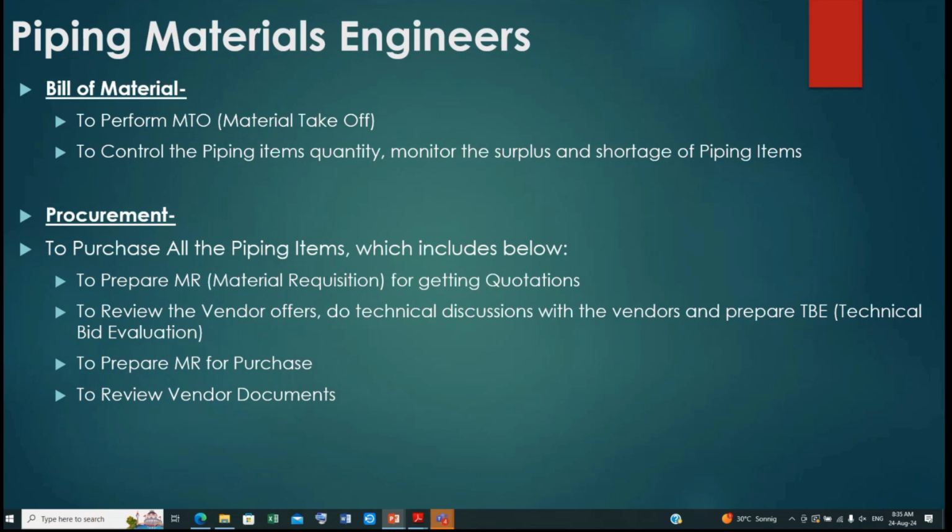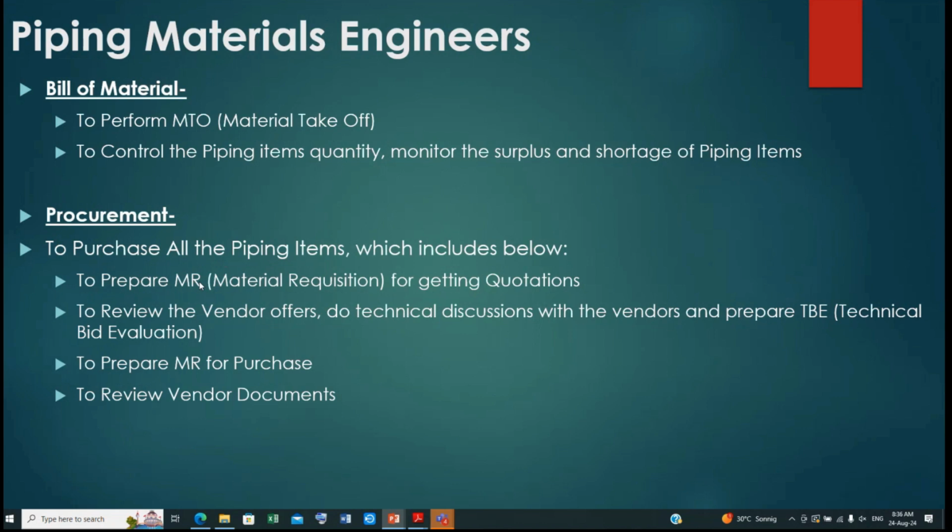Accordingly, as an EPC consultant, we also tell the client that from past projects executed by us, these are the good vendors for these components. We request you to give inquiry to them also. So this MR document will be sent to the different vendors.